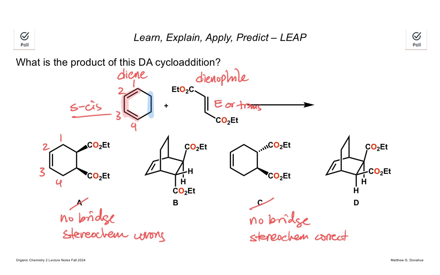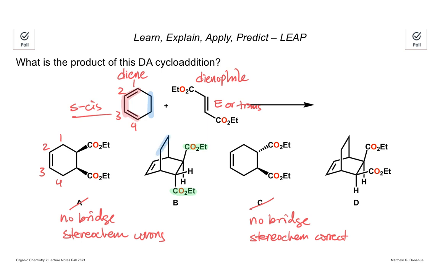And so between the B and D now that we've eliminated the distractors, which one of those do you think is correct? B. So it's going to be B. So it might be hard to spot, but there's the ester, and then this ester, they're in the trans relationship.